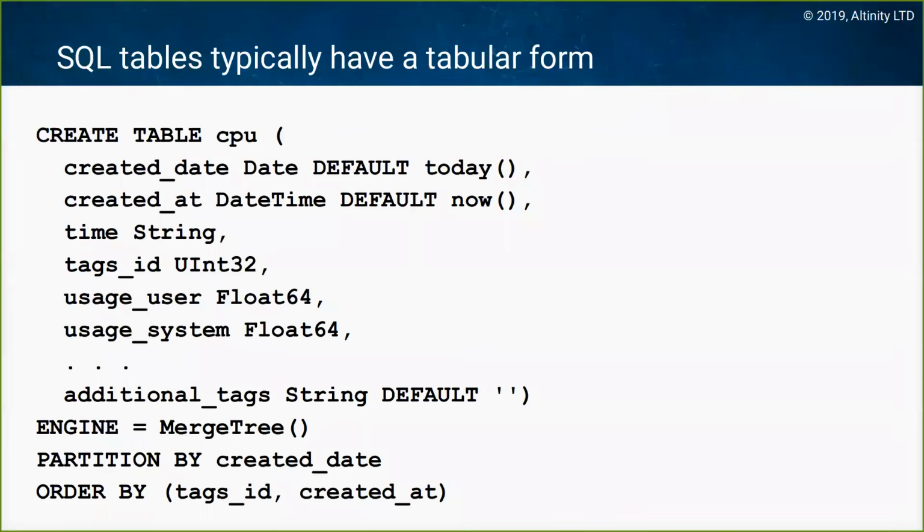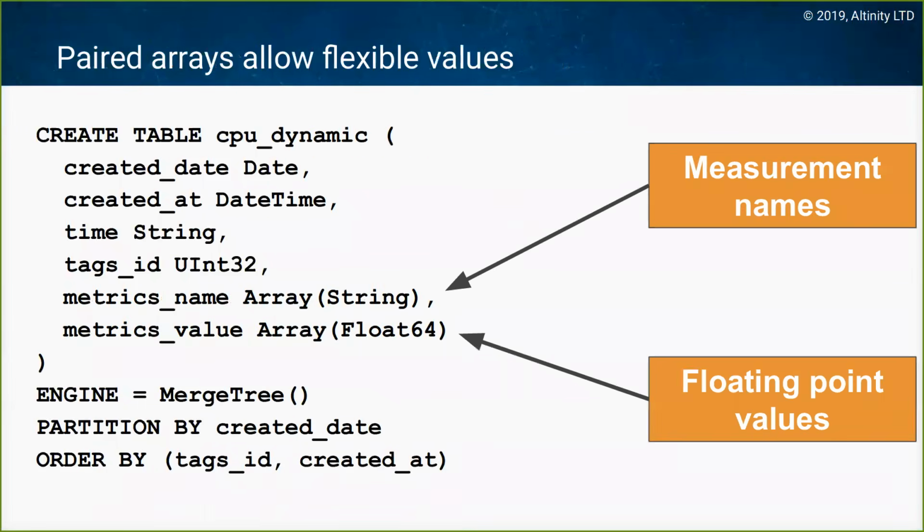So we can go from that, and instead of having a table where things like the usage for user, usage for system are all done as separate things, we can now create a table which has a pair of arrays. And this is the common way to solve this problem. So we'll have a set of metrics that we're collecting on CPUs that could vary depending on what the CPU type is.